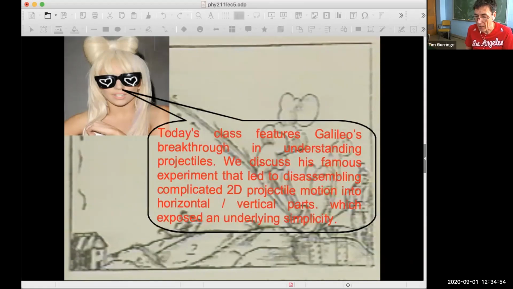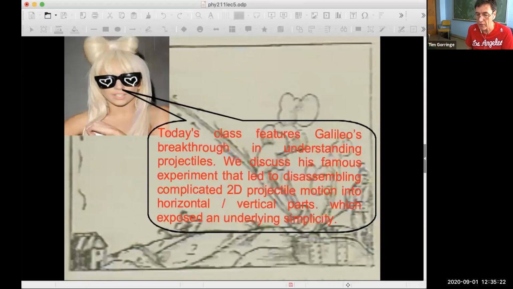And out of this experiment came a way of understanding projectile motion, which is in two dimensions, and it's a complicated path that the projectile follows. What he figured out was you could understand that motion, that complicated motion, by thinking separately about the horizontal and the vertical components of the motion.